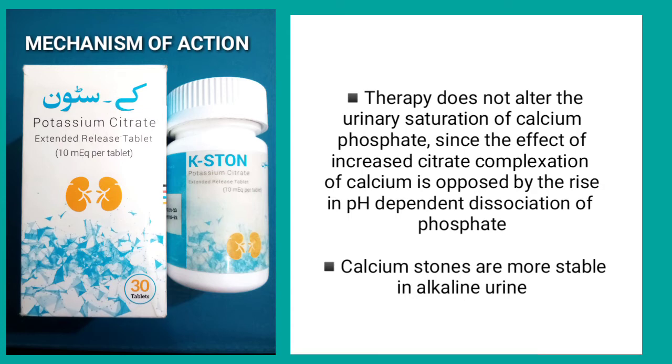Therapy does not alter the urinary saturation of calcium phosphate, since the effect of increased citrate complexation of calcium is opposed by the rise in pH-dependent dissociation of phosphate. The calcium stones are more stable in alkaline urine.